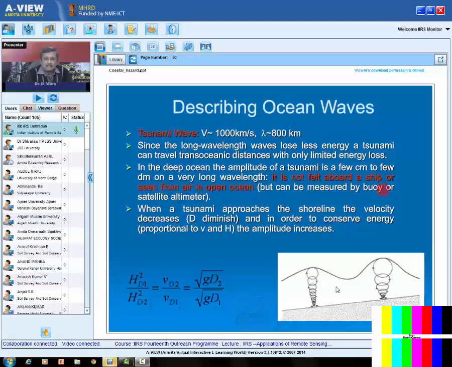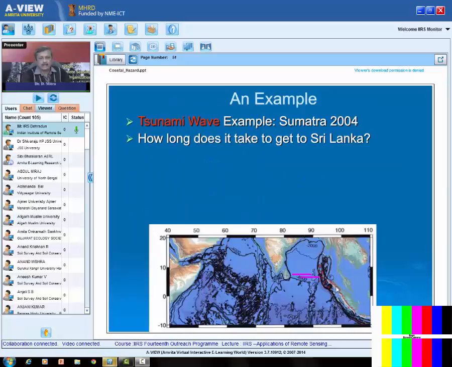But it can be measured by a buoy or a satellite altimeter, because there will be a difference in the wave height, particularly because of the upward perturbation of the water column. For the students, you can find out, for the Sumatra 2004 earthquake, how much time it would take to reach the Sri Lankan coast.